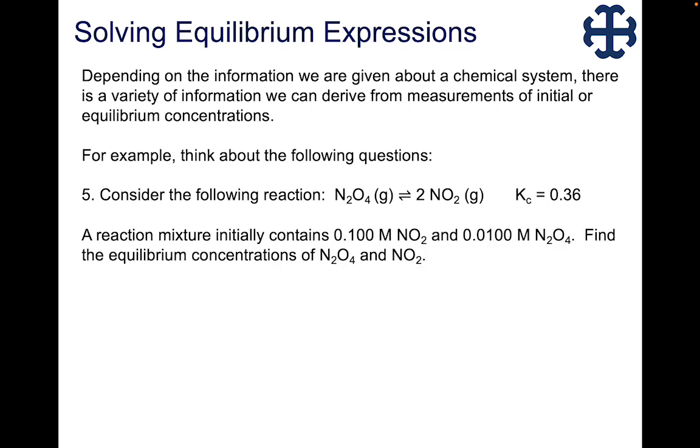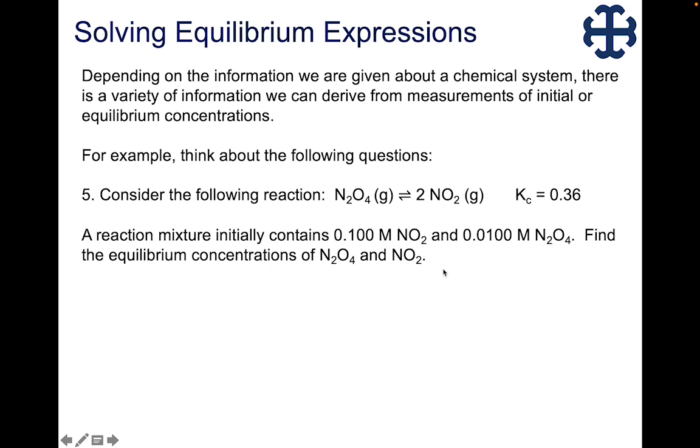We have another question here. So maybe we're given slightly different information as a part of our question. Say we have this as our equilibrium expression. And this time we're given K. So we're not asked to find K in this situation, but we are given Kc in our chemical equation. And then we're told that our reaction mixture initially contains 0.1 molar NO2 and 0.01 molar N2O4, and we're asked to find the equilibrium concentrations of our reactant and our product.